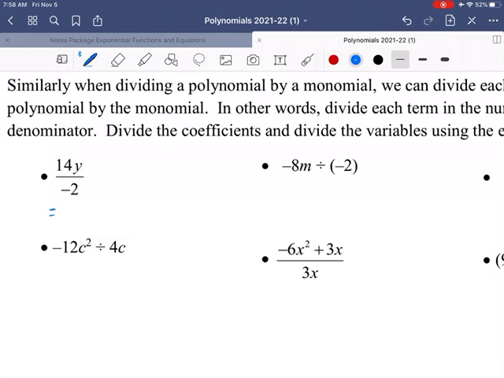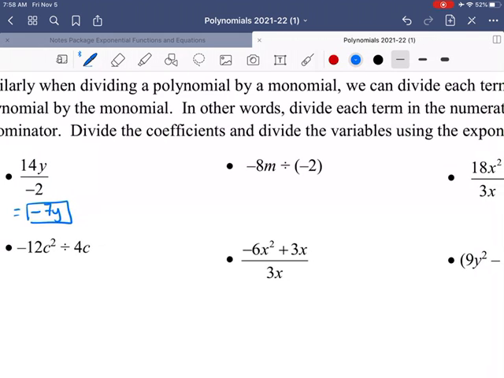So 14 divided by negative 2 will give us negative 7, and we still have the y. Negative 8m divided by negative 2, that's the same as this form. So the negative 8 and the negative 2 will simplify to positive 4, and you're still going to have the m kicking around.